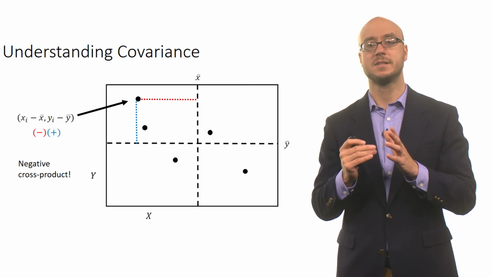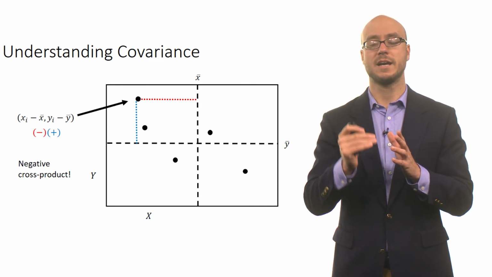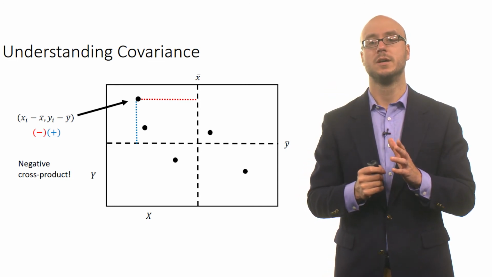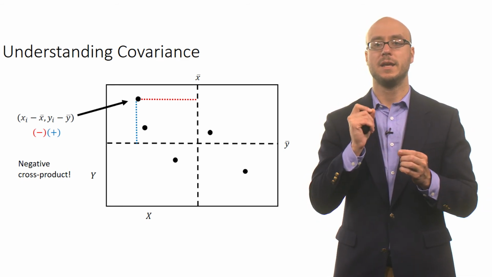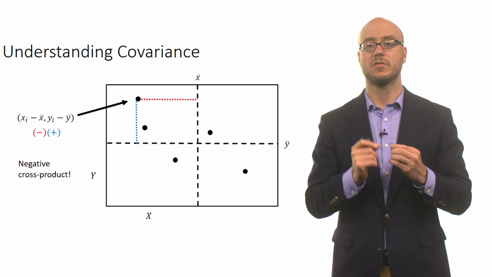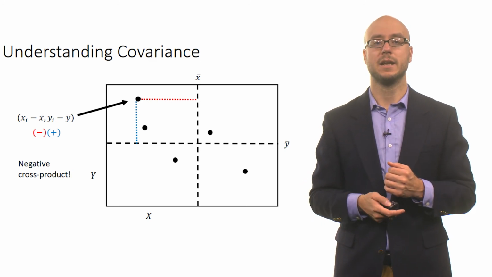So this person has an x value below the average and a y value above the average. And when you multiply a negative by a positive, you get a negative cross product. A negative times a positive will always give you a negative value.